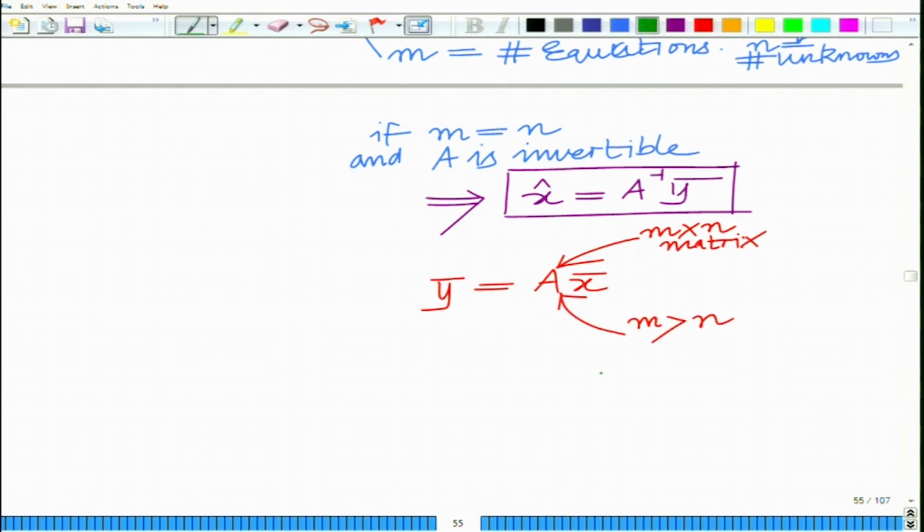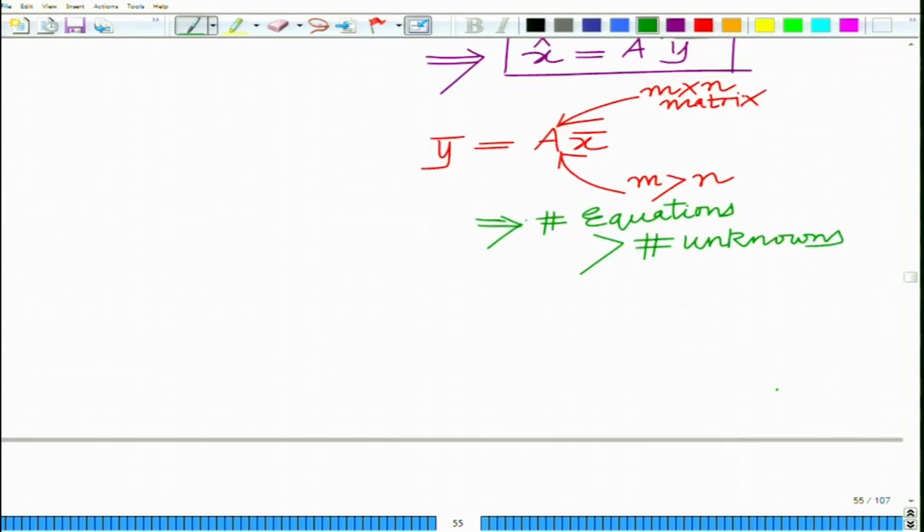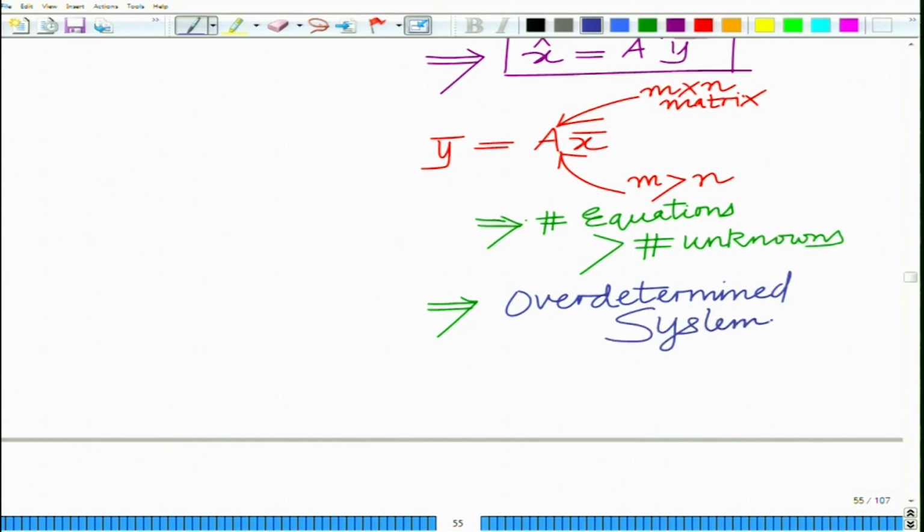This implies that the number of equations is greater than the number of unknowns, which also implies that this is basically an over determined system.